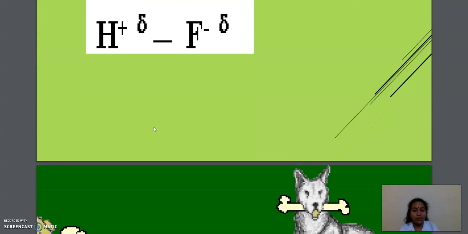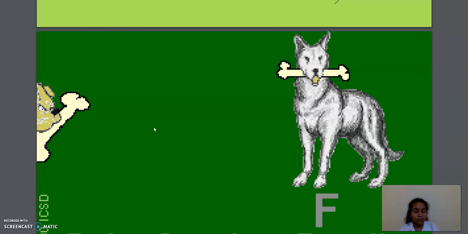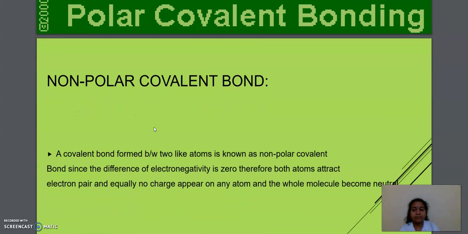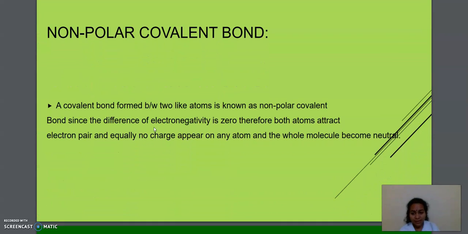Then what will be the non-polar covalent bond? A non-polar covalent bond means a covalent bond formed between two homoatoms, and there won't be any electronegativity difference between both atoms, so there will be no difference. So it is a non-polar covalent bond.